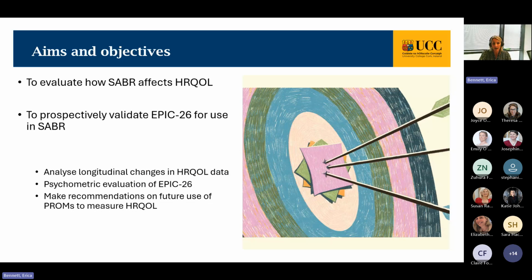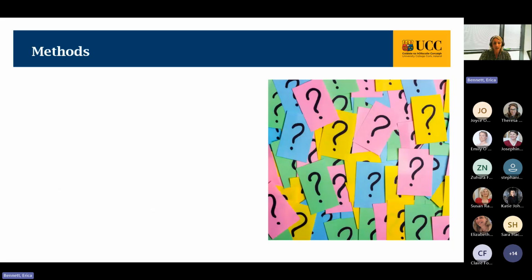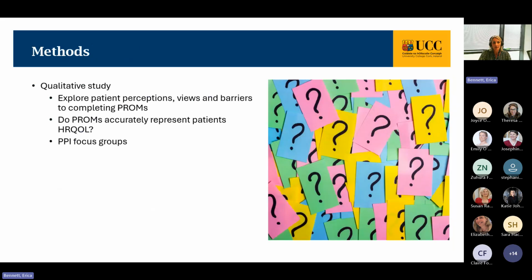So I want to look at the longitudinal changes in the health-related quality of life data, do a psychometric evaluation of the EPIC 26 quality of life questionnaire, and ultimately make recommendations on the future use of PROMs to measure quality of life. So I'm doing this through a mixed method approach.